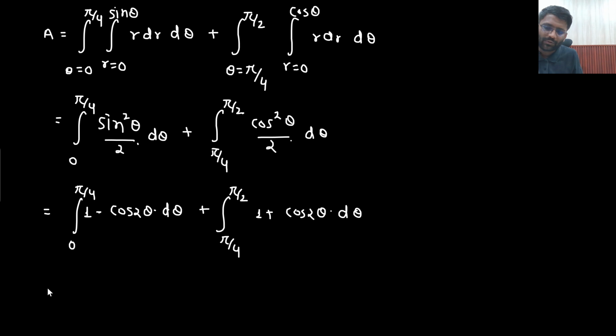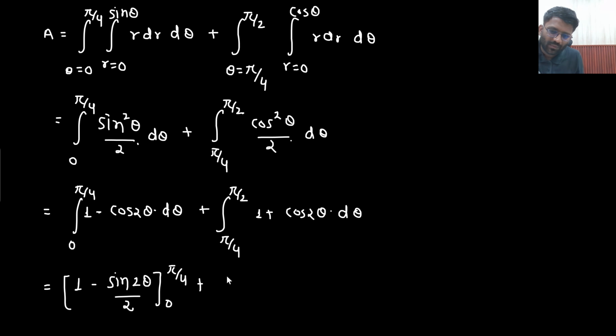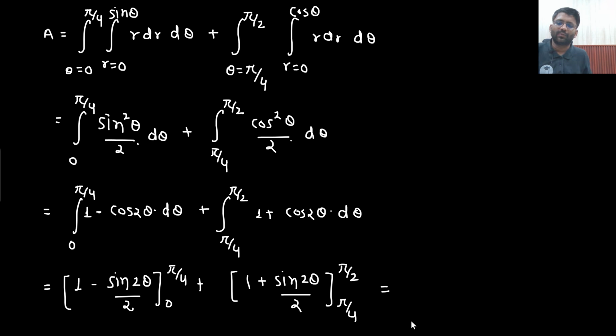Right? So if you solve it, what are you getting? 1 minus sin 2 theta divided by 2, with theta going from 0 to pi by 4, and 1 plus sin 2 theta divided by 2, with theta going from pi by 4 to pi by 2. So what will you get? Putting pi by 4, this will become sin pi by 2, which is 1.